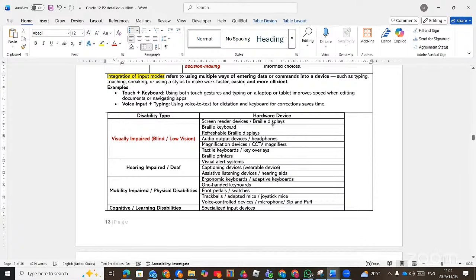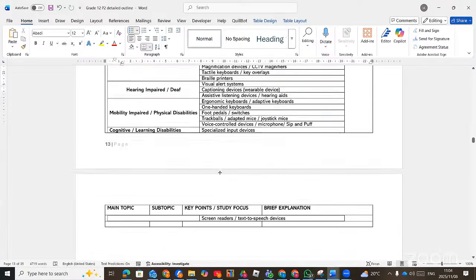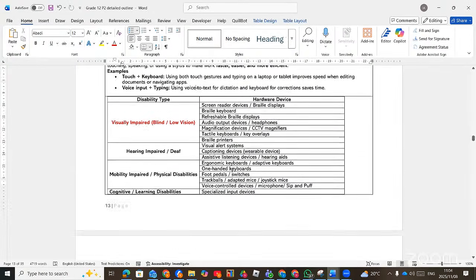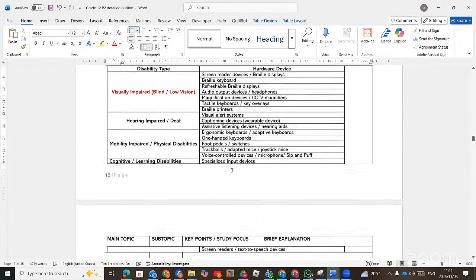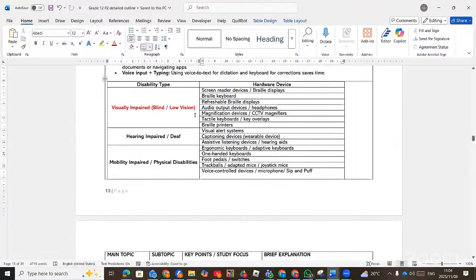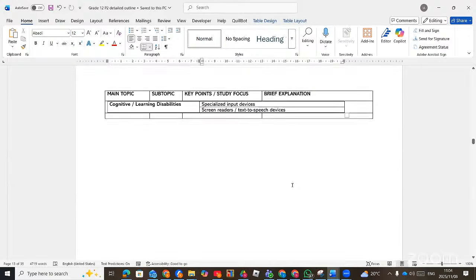These are some of the devices for that type of user. And then we also have the cognitive one, specialized input devices, like screen readers and text-to-speech devices. So these are some of the hardware devices for different disability types that you have to take note of.